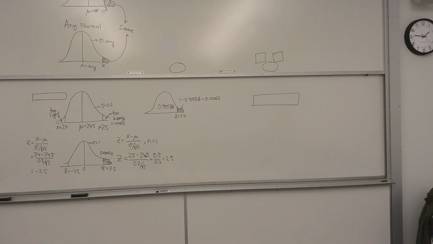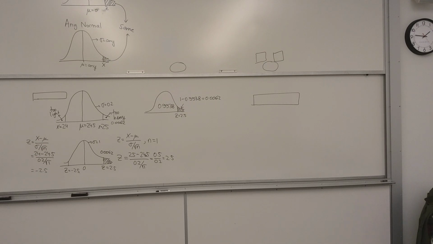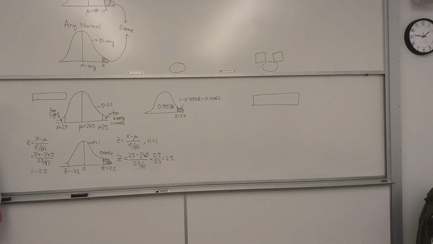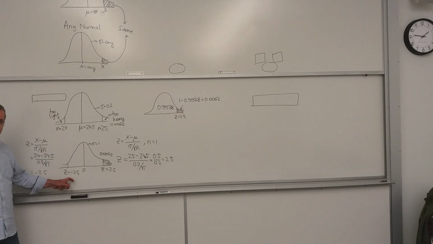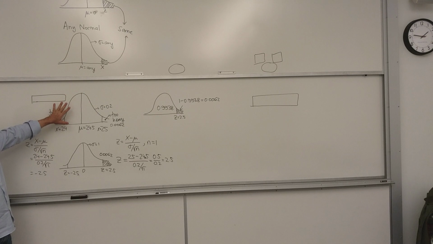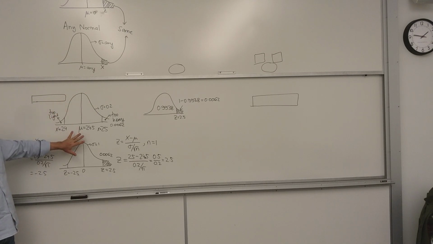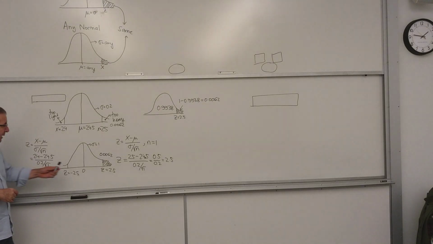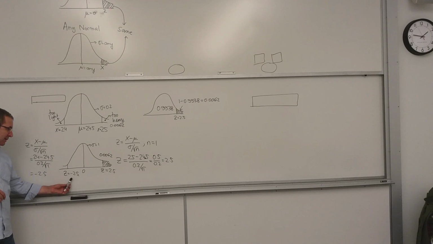If you look at the standard normal table on the back of the formula sheet, you will not find negative numbers. But that's okay because all normal distributions are symmetric. What does that mean? 2.5 and negative 2.5 will have the same tail probability.